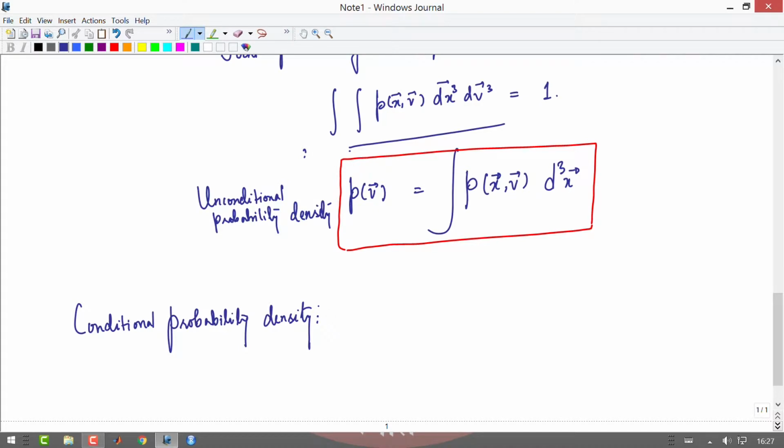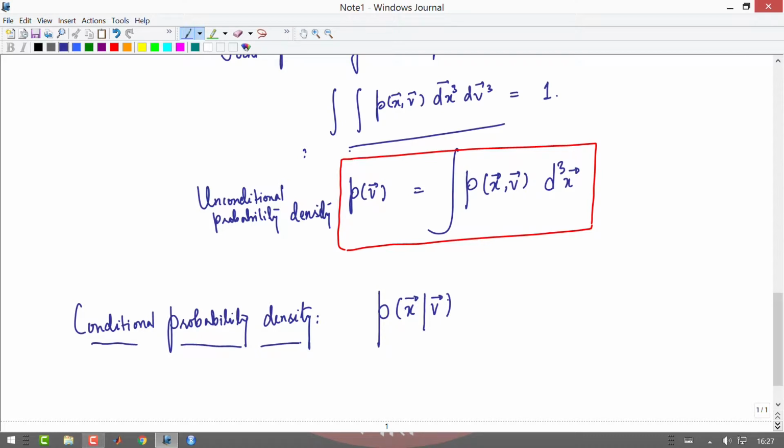Okay, so this is like asking what is the probability density of finding a measurement on x such that the measurement on velocity is v.